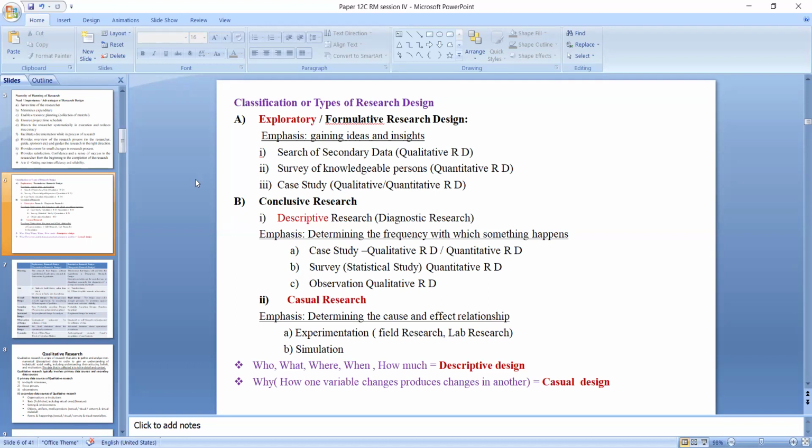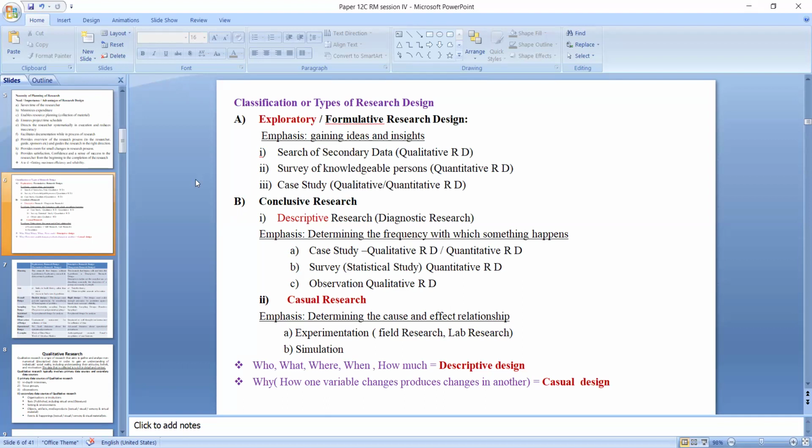Why? Because initially you collect some demographic information, name, age, number of years of service, male, female, then some other details which are in number. So some portion, 10% of your survey questionnaire, is descriptive.